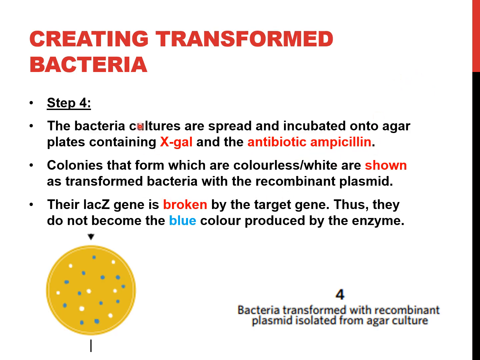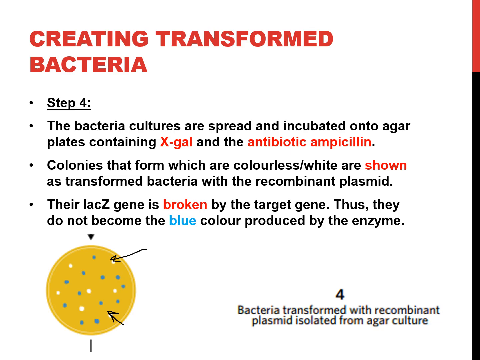Then we also have X-gal, which needs to get broken down. Colonies that form which are colorless or white, as we mentioned in the previous video, are the ones you're looking for. They are shown as transformed bacteria with the recombinant plasmid.